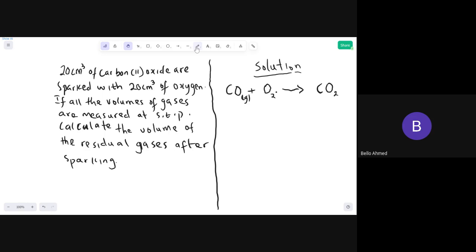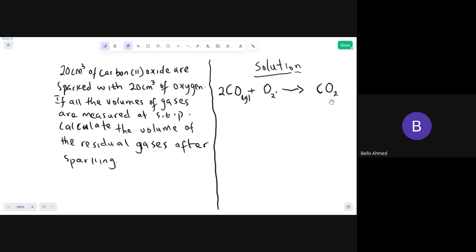So because of that, I'm going to add 2 here. If I add 2 here, this 2 is going to affect this carbon and this oxygen. So I have 2 atoms of oxygen plus 2 atoms of oxygen, making 4 atoms of oxygen.